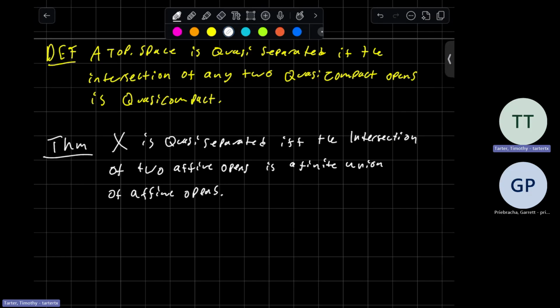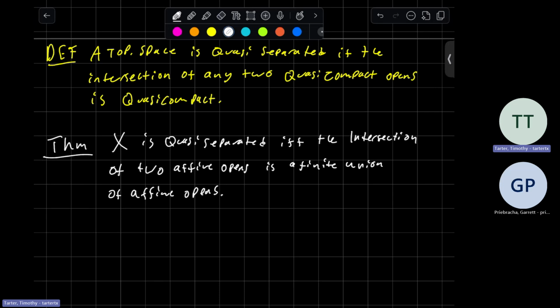And this just directly follows from the definition of quasi-compact. Quasi-separated implies the intersection of two affine opens, which are contained in quasi-compact opens, has an intersection which is quasi-compact, which is a union of affine opens. So the forward direction is just right off the definition. The backwards direction is just saying that there exists this containment and that builds the open cover and is finite.